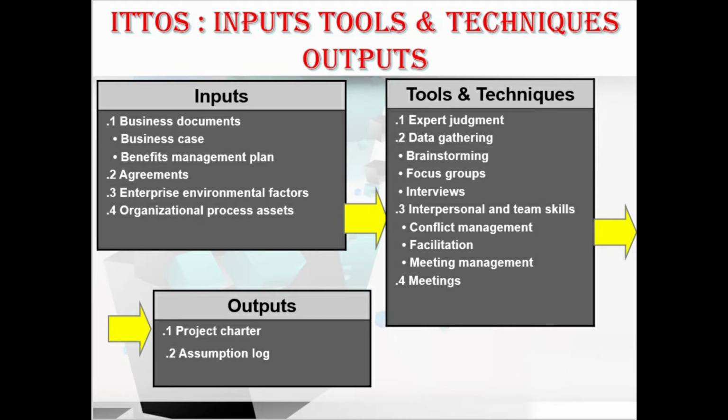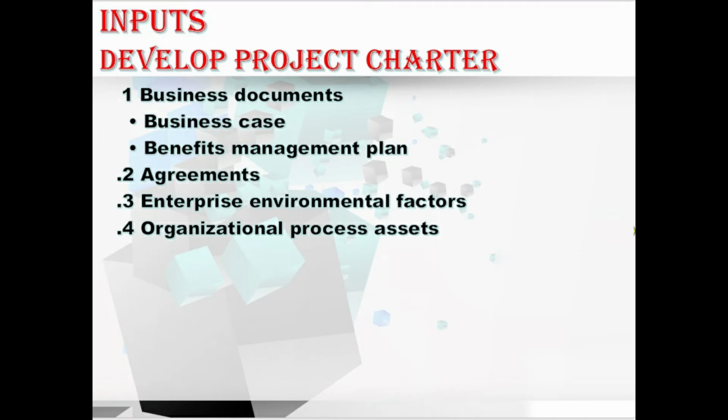Okay, this is just an overview of the ITTOs. Let's discuss the ITTOs in more detail. First, let's discuss the inputs, starting with the business documents, which contain the business case and the benefits management plan. Let me explain these two documents. The business case and the benefits management plan are the sources of information about the project objectives and how the project will contribute to the business goals. And coming to the business case.